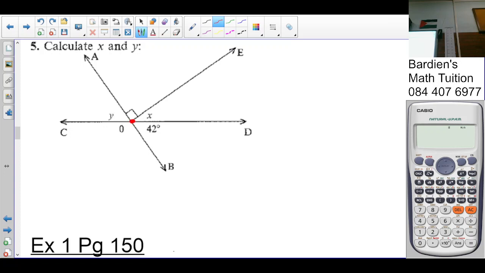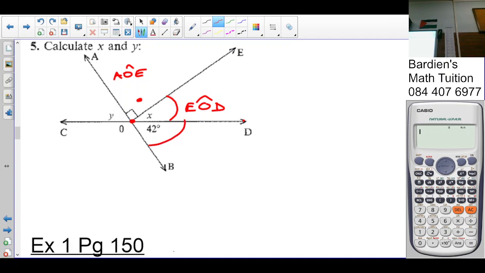That vertex is vertex O. So if you want to refer to this angle, it's going to be A, O, E. When you want to refer to this angle, it would be E, O, D, or D, O, E.